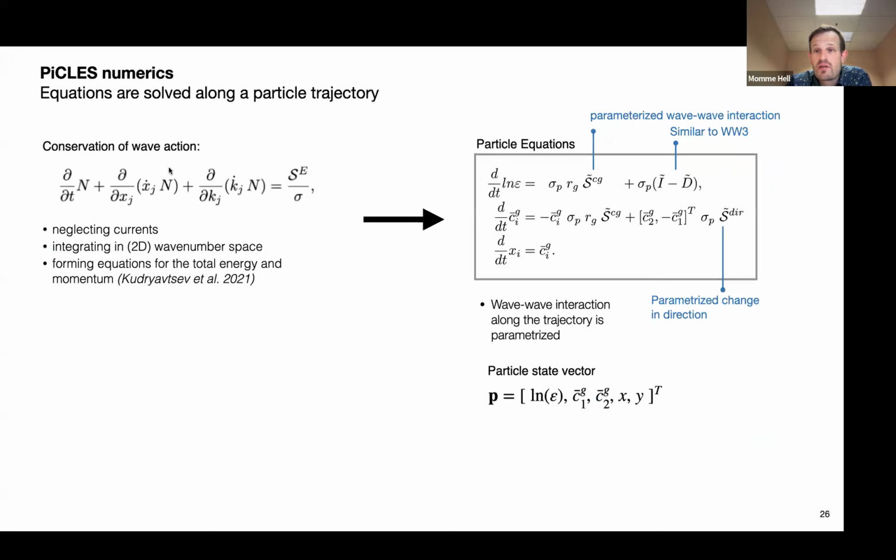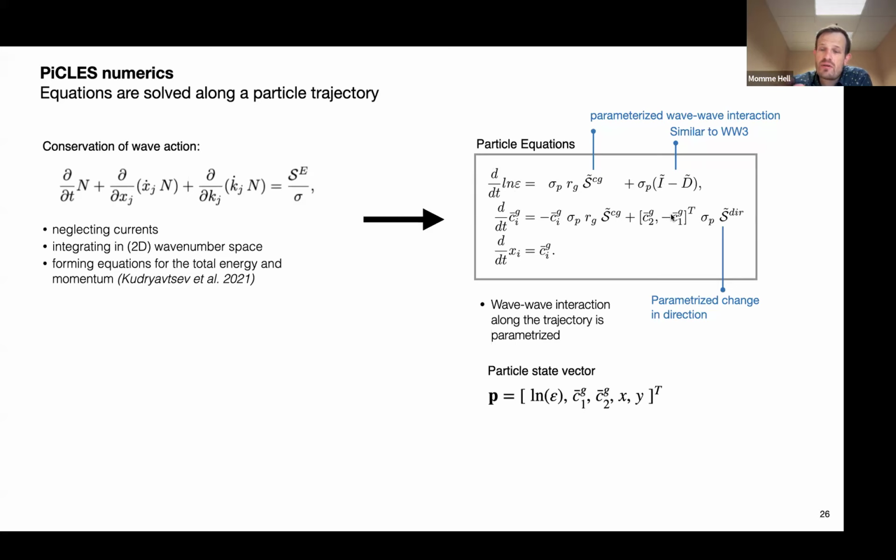Okay, some stuff about the numerics. We start with the wave action equation. This N is a 5-dimensional quantity. We neglect currents, which lets us get rid of one part, and then we integrate in wavenumber space. So we get a small ODE system of log energy, the group velocity vector, and the position. The right-hand sides are essentially parametrizations for energy input, dissipation, coupling, and direction.